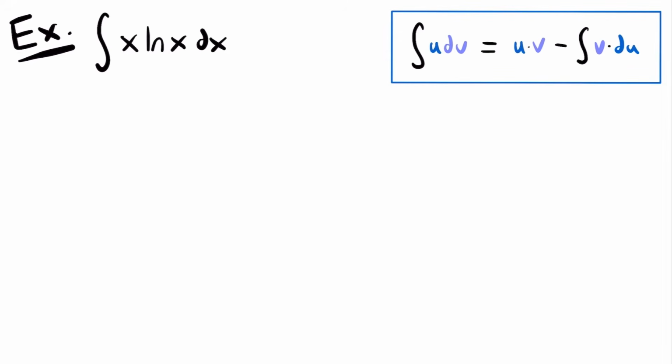But if we don't use the acronym, and you ask yourself the question, which of these two functions, if you set equal to u, gets simpler when you take its derivative, it's actually a little bit unclear, because if you take the derivative of x, you get 1, and the derivative of the natural log of x is 1 divided by x, and so both of them change, and it's hard to say which one is getting simpler.